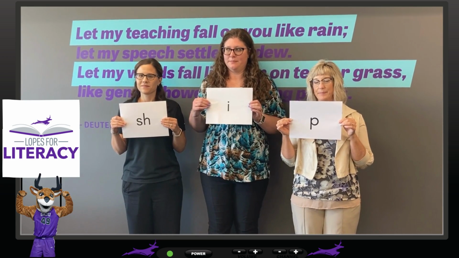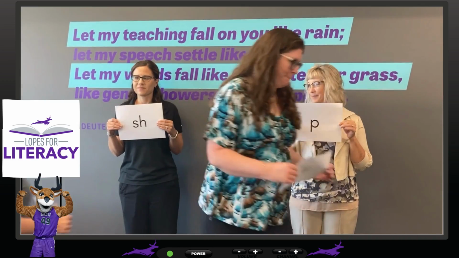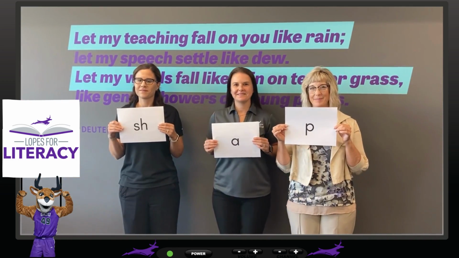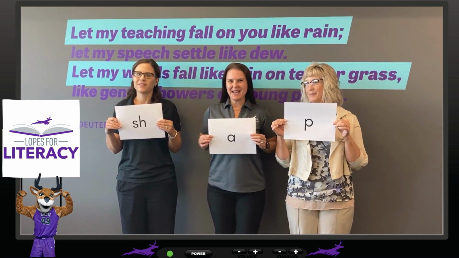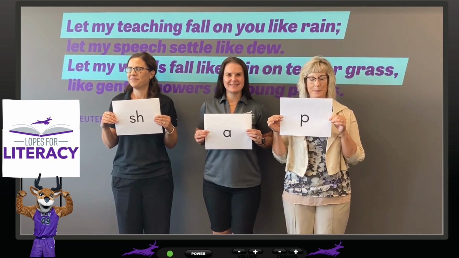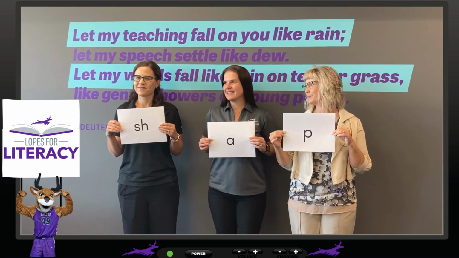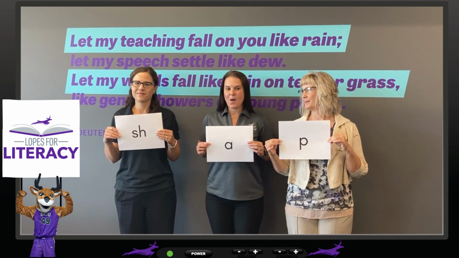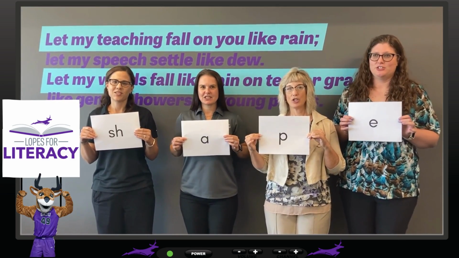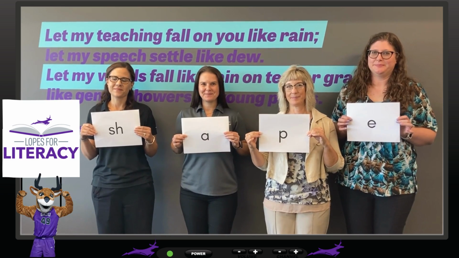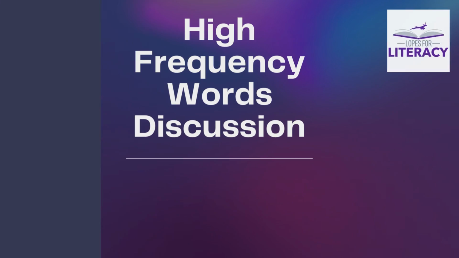Let's change the I to a. What's this new word? Shack. Is that a real word? No. All right, now let's add a silent E. What's our word? Shape. Very nice chaining words, boys and girls.